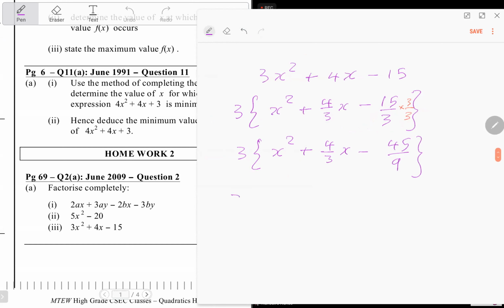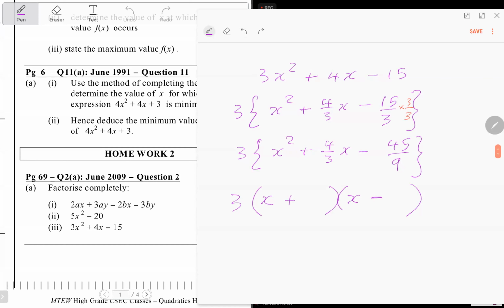So I'm ready now. It's 3 bracket x and x. The two signs in the brackets are different. The larger one must have the plus. I'm going to put the larger one in the first bracket and the smaller one in the second bracket. I want factors of 45.